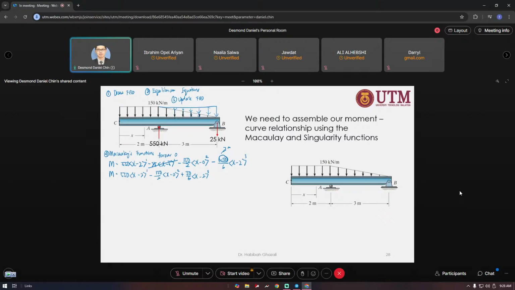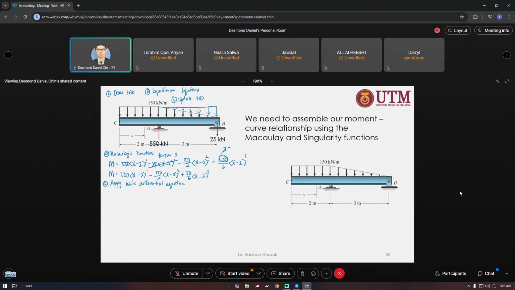Okay, so step 5. Apply basic differential equation.